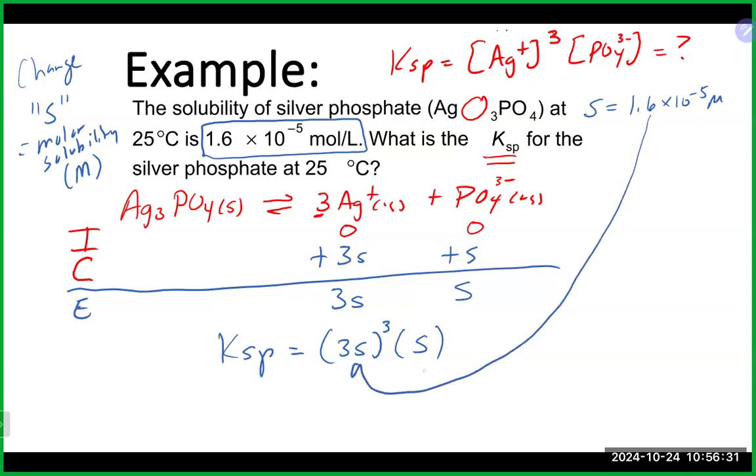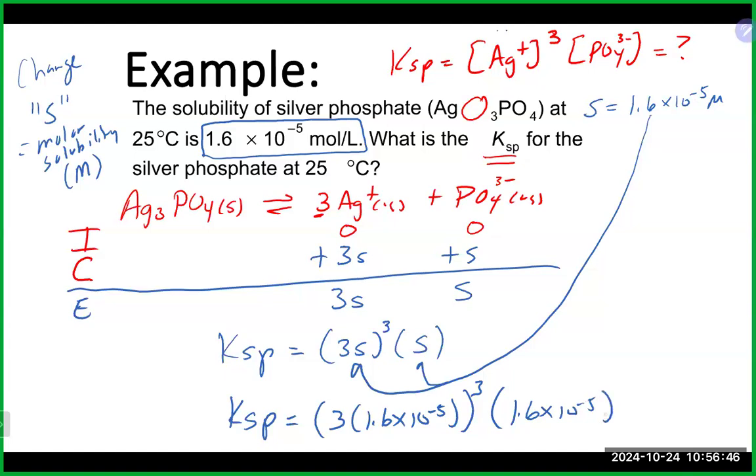So really that number equals s, 1.6 times 10 to the minus 5 molar, which means at this point, that is that s and that is that s, which means my KSP value in this case should be 3 times 1.6 times 10 to the minus 5 cubed, times 1.6 times 10 to the minus 5.